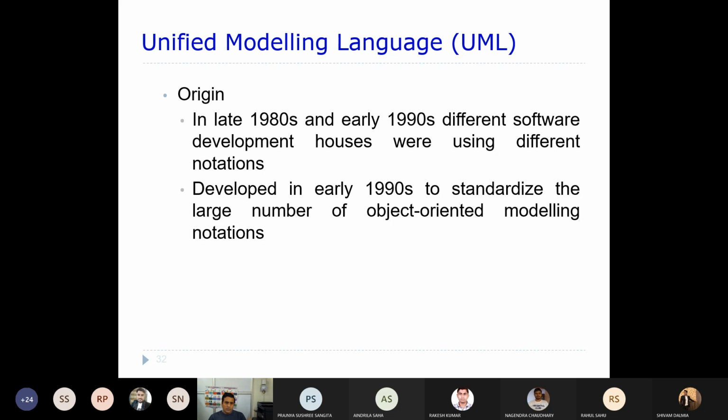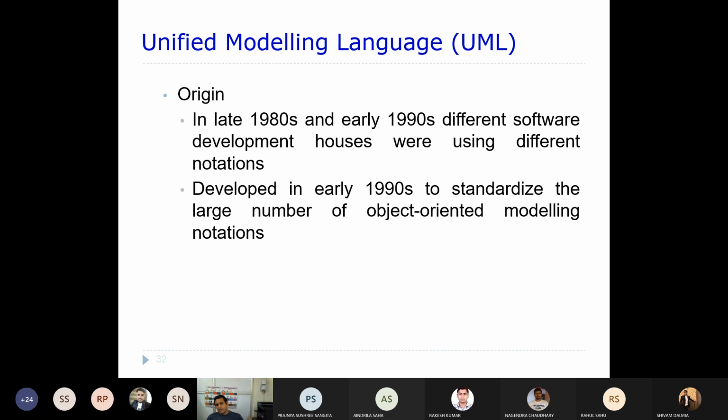But after that, people started to standardize these object-oriented modeling notations, because what was happening is, if there are 10 different companies, then 10 different companies were using 10 different notations.